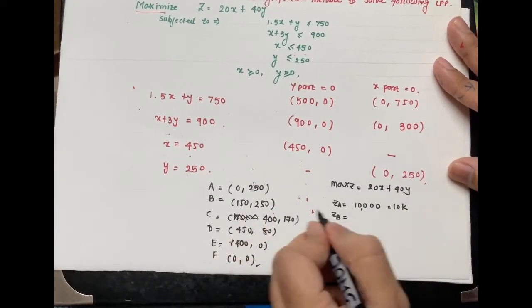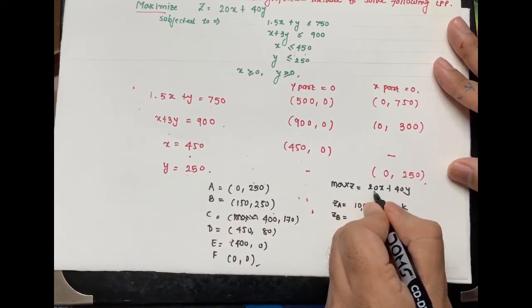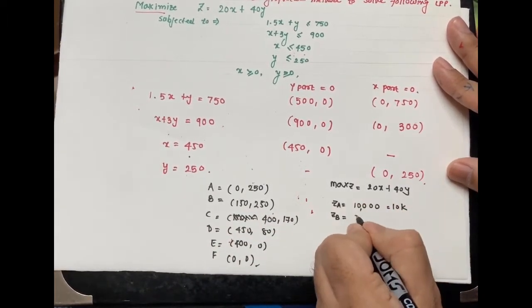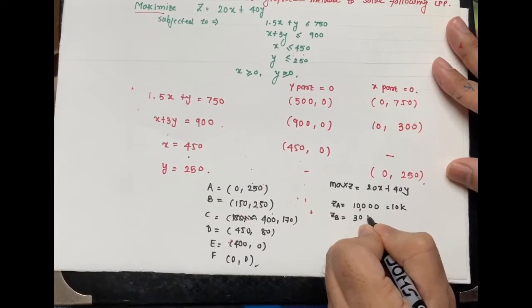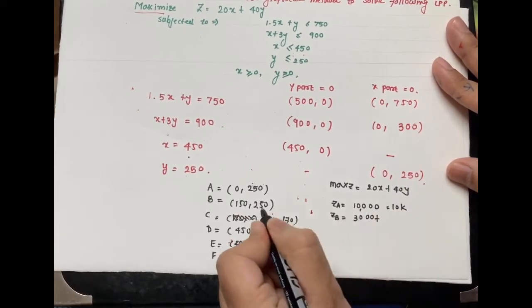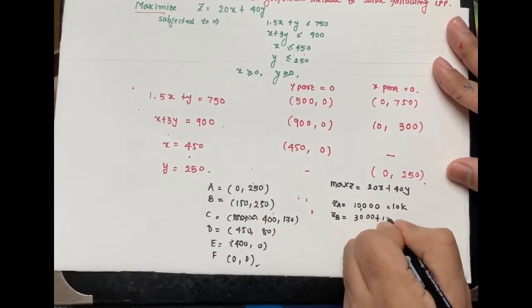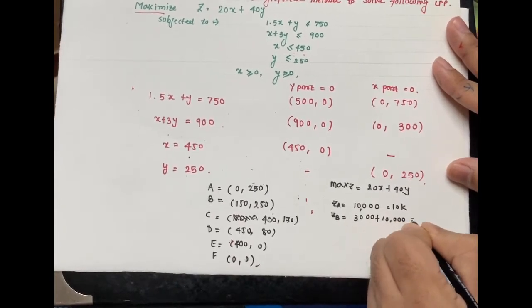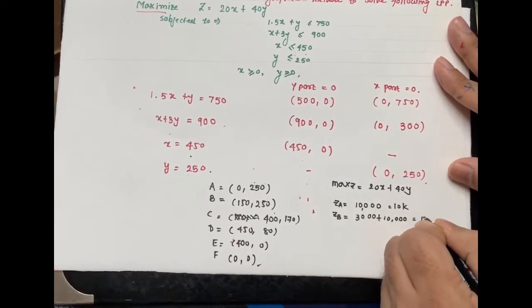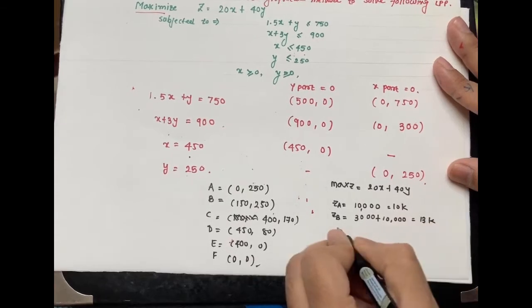Next is this, so 150 into 20, that gives 3,000, plus 250 into 40, that is 10,000. So it gives me a 13,000 value, 13k.